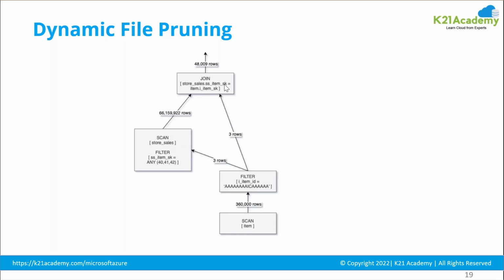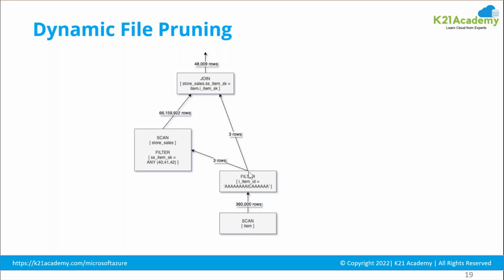Here you are joining on item SK. If you do not use this information, that after scanning 360,000 rows you only got 3 rows from this filter, and if you can pass dynamically at runtime this information, which will only be available at runtime, what is the output of this filter, right?